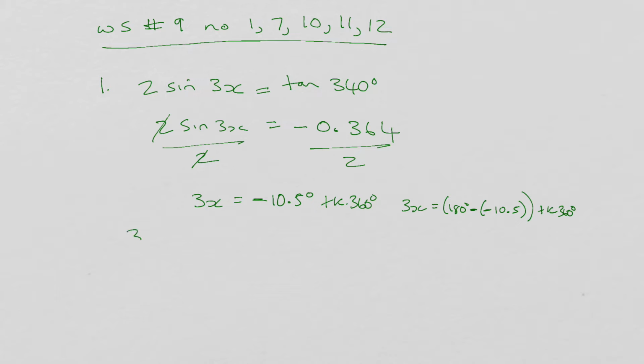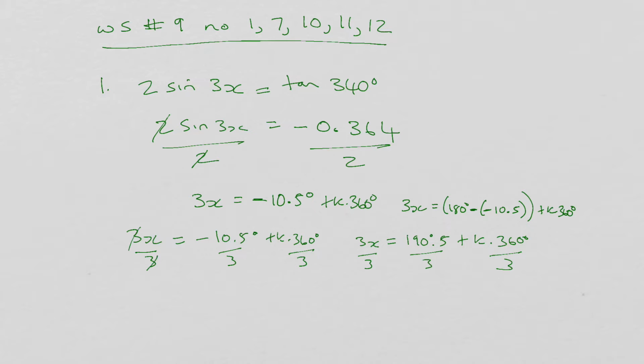So 3x is equal to 190.5 plus K360. And then again, it's the same thing as usual. Divide everything by 3, and you're going to pick up all your different angles, so we're going to have every 120 degrees. I don't think you will need me to go into more detail.